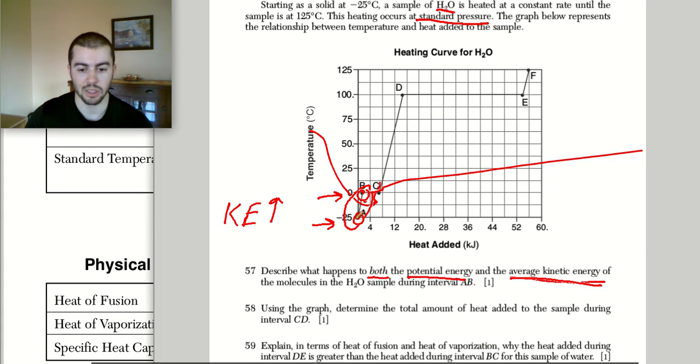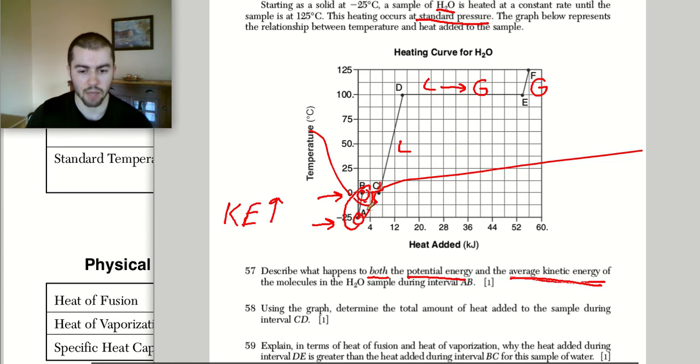In this case, it would be solid as the temperature is increasing, and then BC, these plateaus, would represent a phase change. And from C to D, again, this would be the same phase, now in the liquid phase. And then D to E would also be a phase change, liquid to gas. And then from E to F, again, this is all the gas phase, so we're increasing the temperature in a single phase.